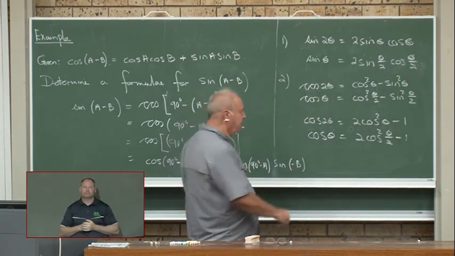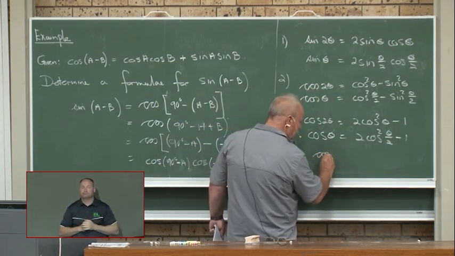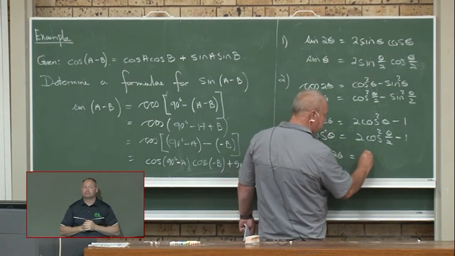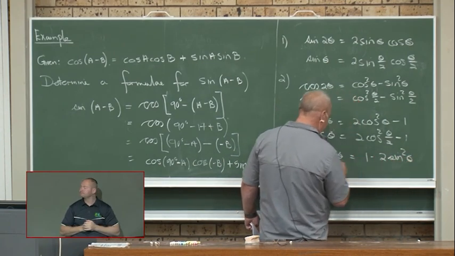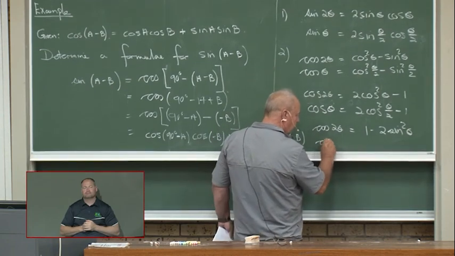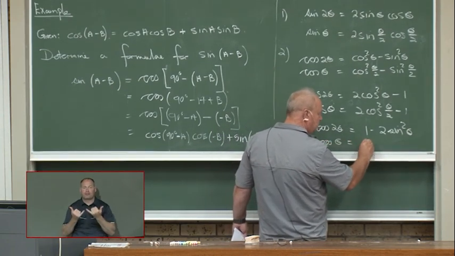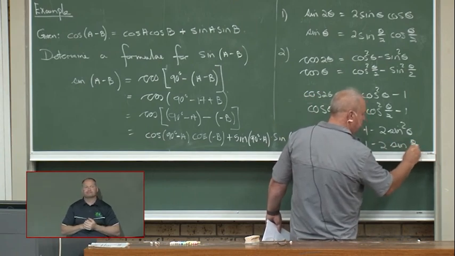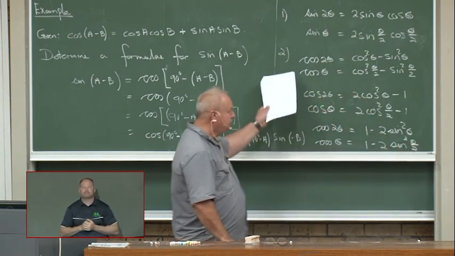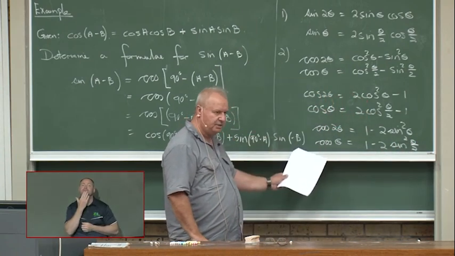And the last one, the cos of 2 theta is equal to 1 minus 2 sine squared theta. So therefore, the cos of theta is equal to 1 minus 2 sine of theta over 2 squared. Right, just take note of this.